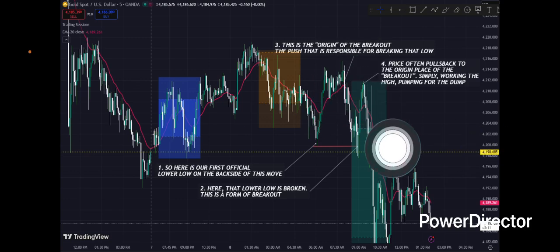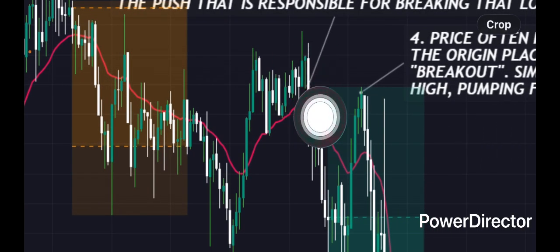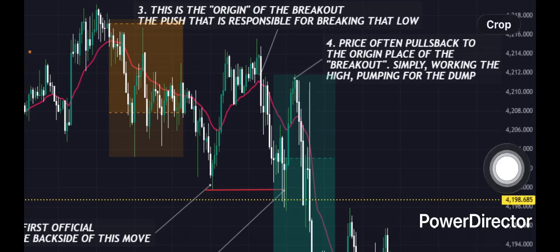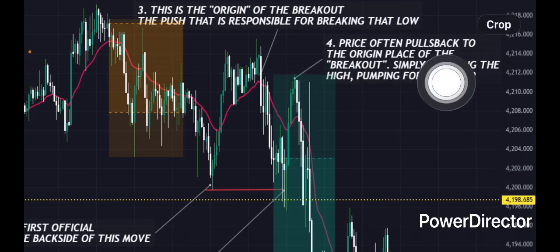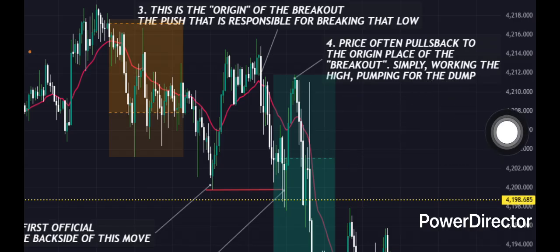Okay. And number three, we're zooming in right here. This is the origin of the push that broke that low. Okay. Number four, price often pulls back to the origin place of that breakout, simply working the high and pumping for the dump. Okay.